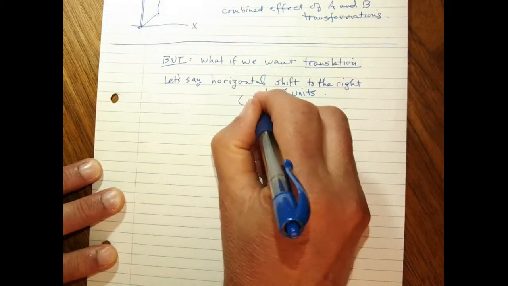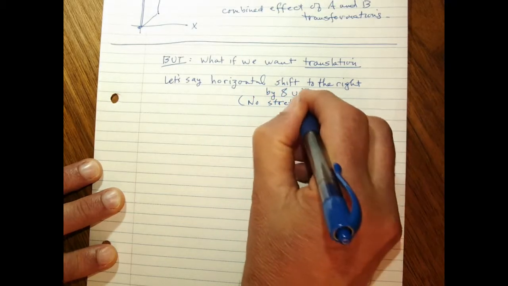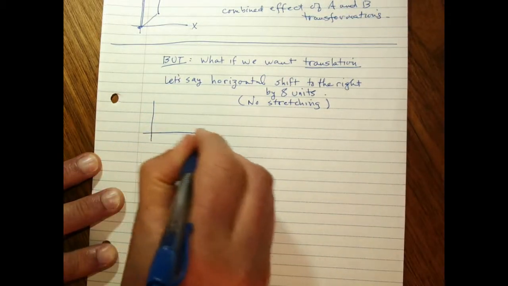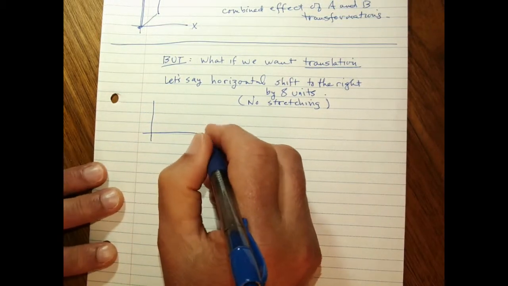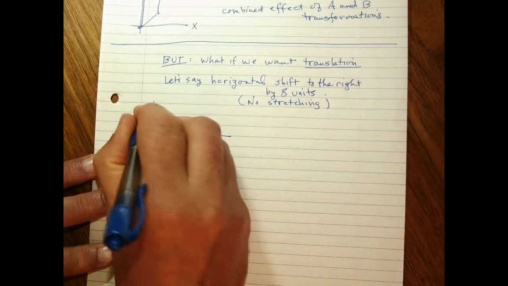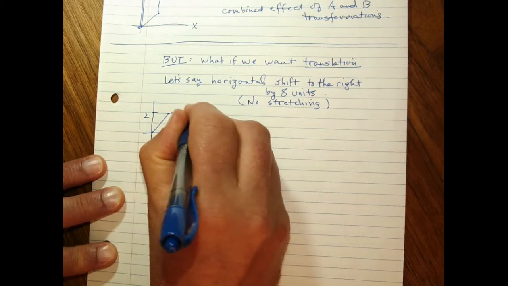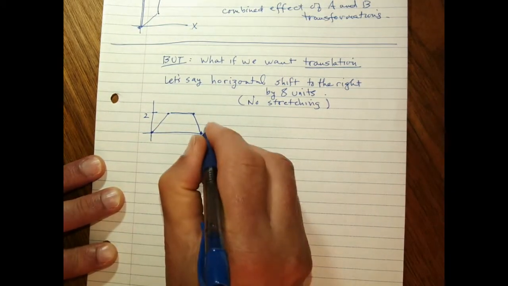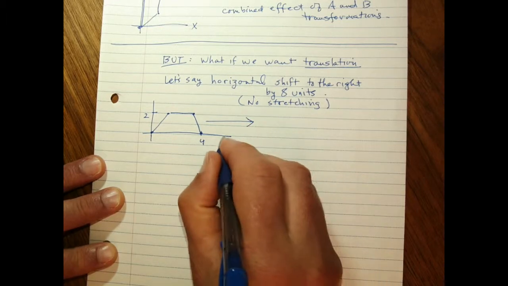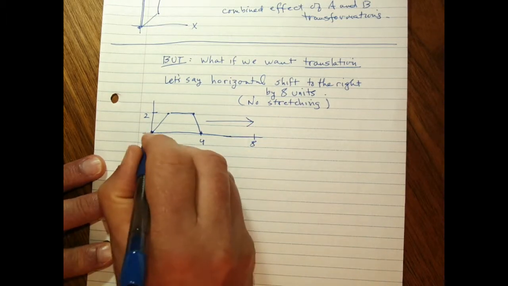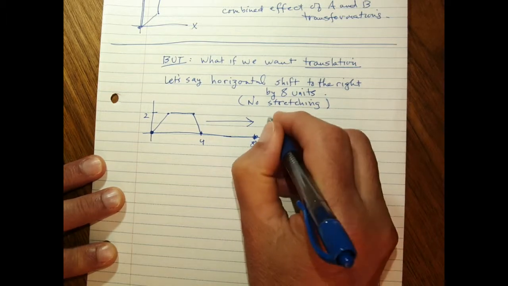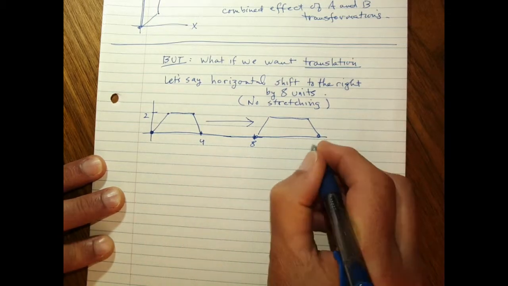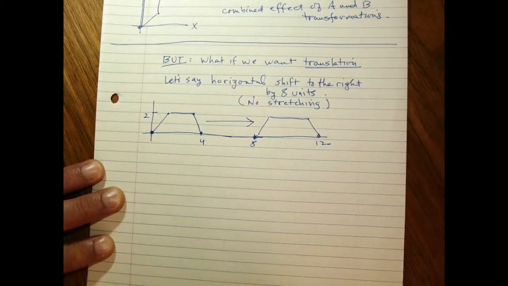So no stretching. And that idea is we want our original trapezoid to shift down the line so that the 0, 0 point moves over to 8 and all the other points shift accordingly. 8 plus 4 would be 12 here, right?